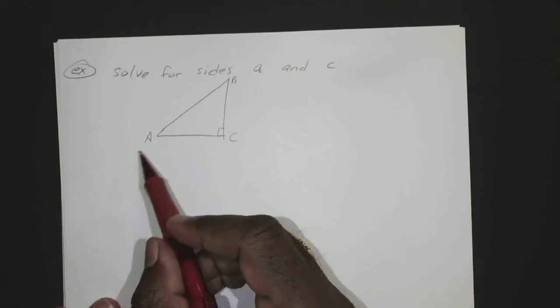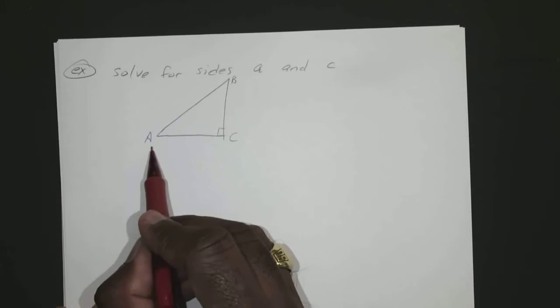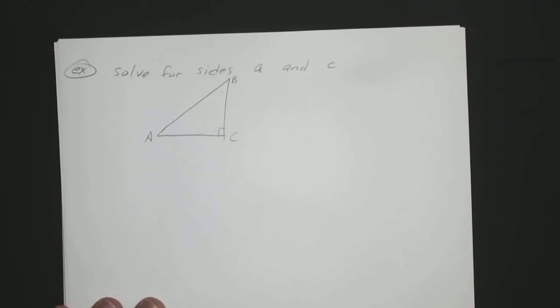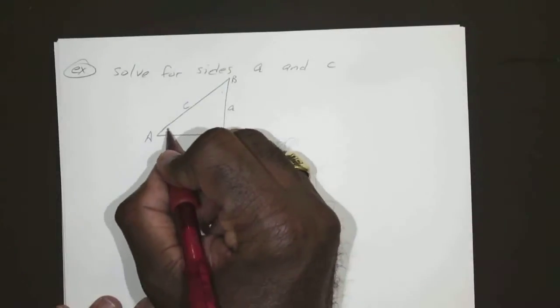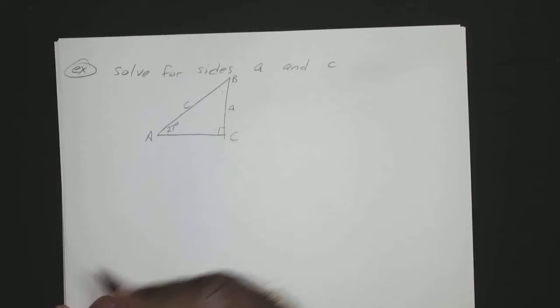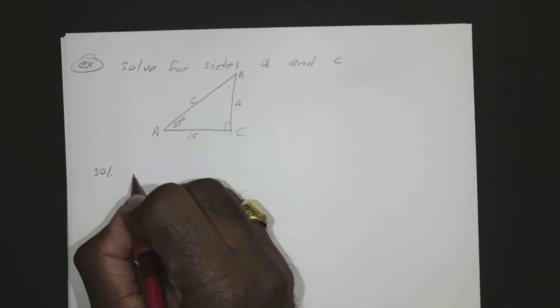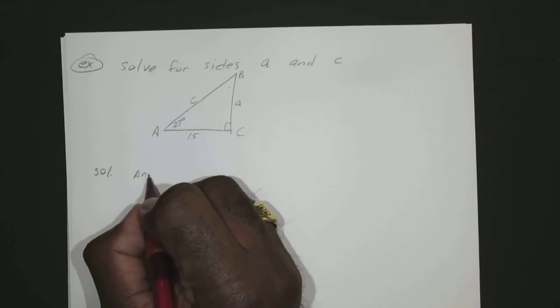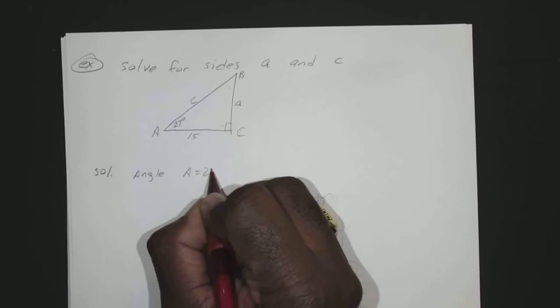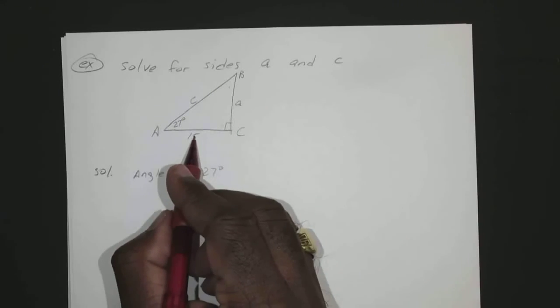Say A, B, and C. Now for some of these, instead of theta being in here, they'll say this is angle A, or angle B, or angle C. That's why I want to make sure this example is a side A and side C. So this is 27 degrees, and this is 15. So sometimes they'll switch up the notation a little bit. Okay, so we know that angle A equals 27 degrees, and this side is 15.